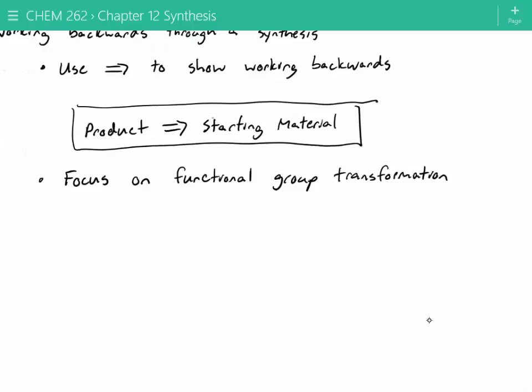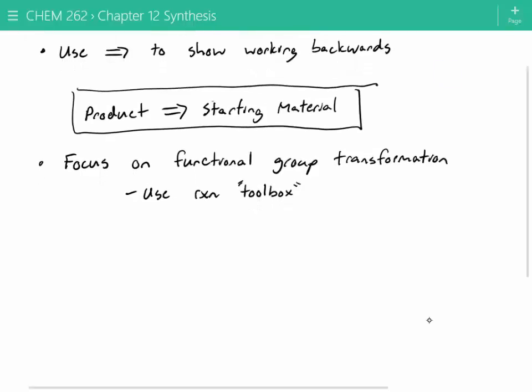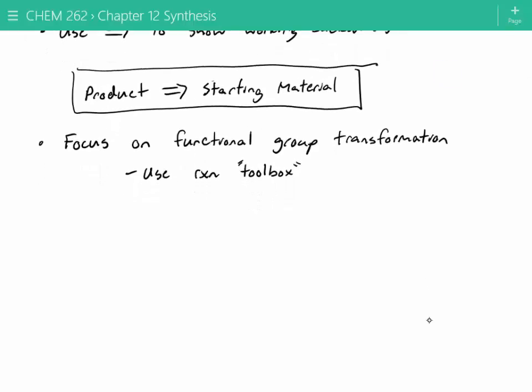All right, and in order to do this, we need to use our toolbox of reactions. The important thing to remember with functional group transformations is we may know quite a few different routes in order to form one functional group, but some of those routes might be dead ends for your synthesis.